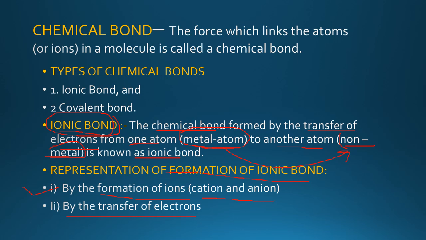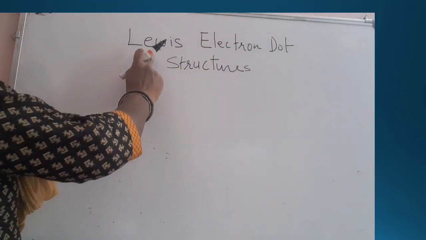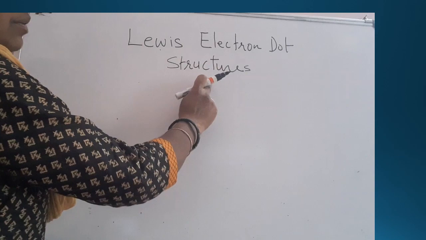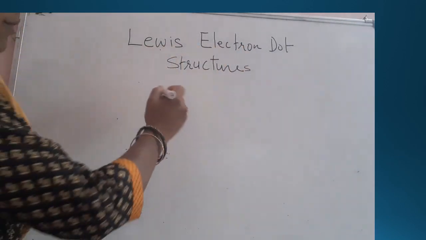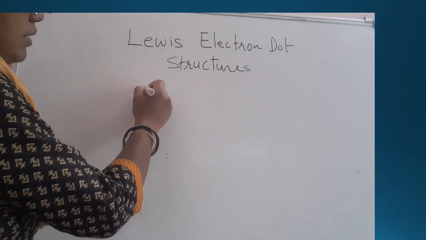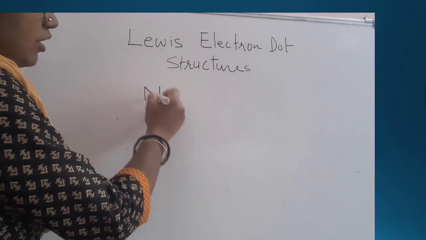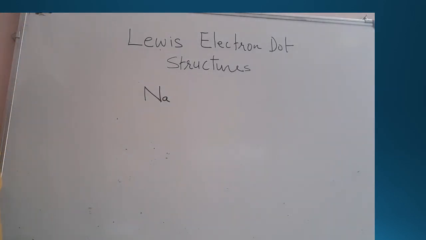So before starting the formation of ions, let us first discuss the Lewis electron dot structure. By the Lewis electron dot structure, children, we represent the number of valence electrons present in an atom.